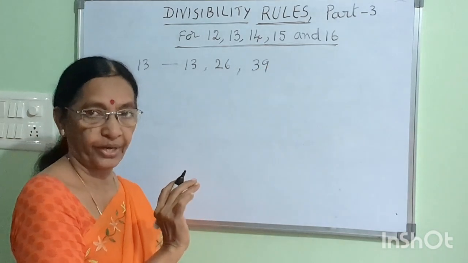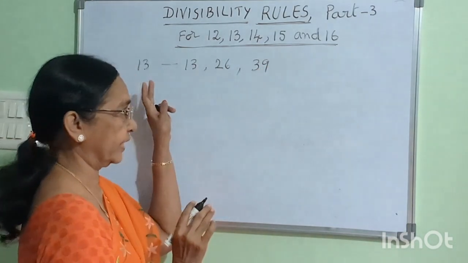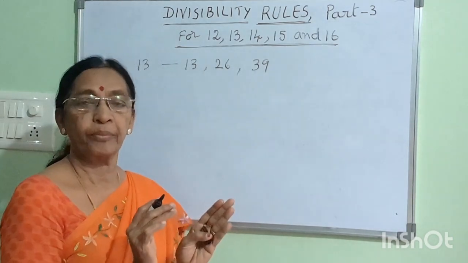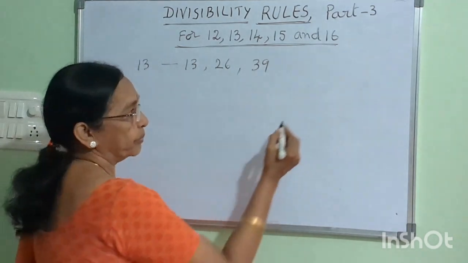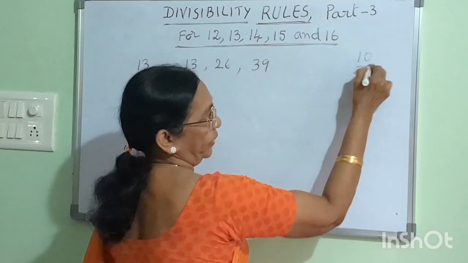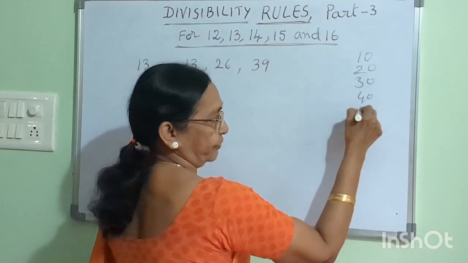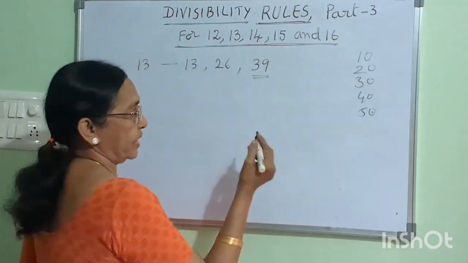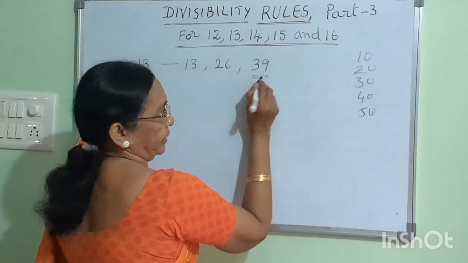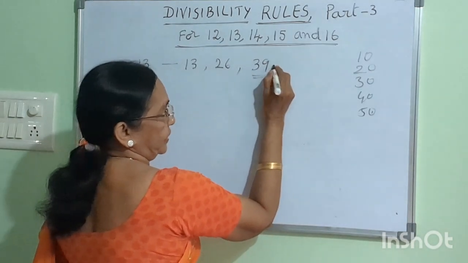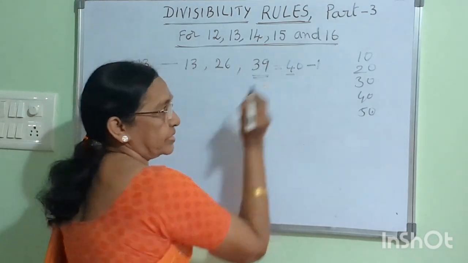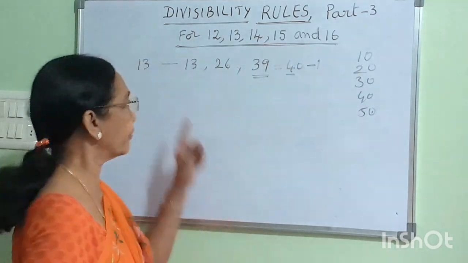Like that we write the multiples of 13 up to a number that is very close to a multiple of 10. Multiples of 10 are 10, 20, 30, 40, 50. So 39 is very close, plus or minus 1, to 40, a multiple of 10. So this is equal to 40 minus 1.